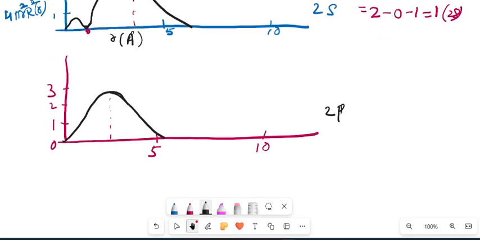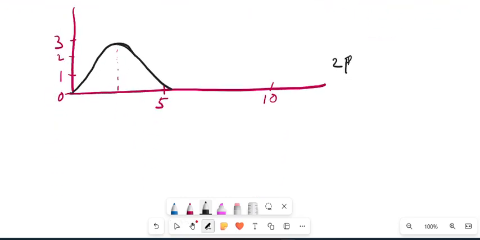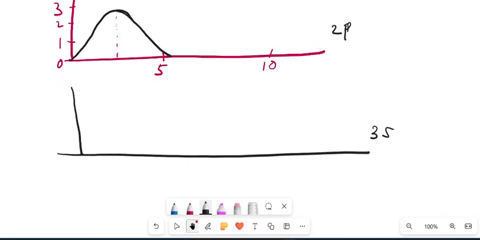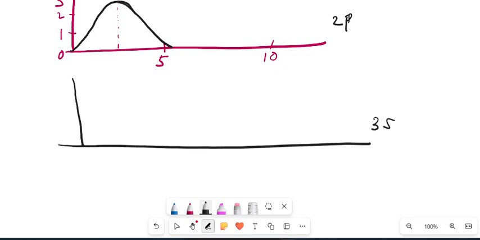And then for 3s, if we draw it for the 3s orbital, we will find that the number of nodes is n minus l minus 1. So for 3s, it is 3 minus 0 minus 1, that is equal to 2. So there should be two nodes that we will see.